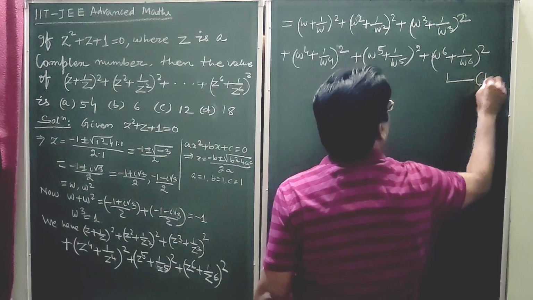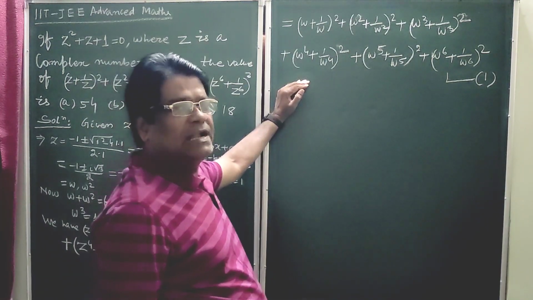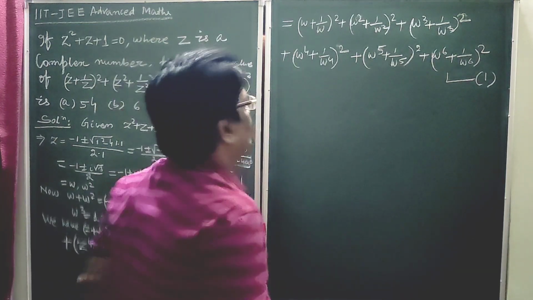This is equation 1, suppose. So we have taken z is equal to omega. We can also take z as omega square.